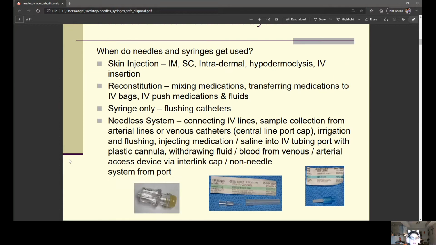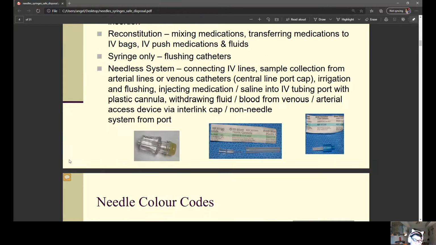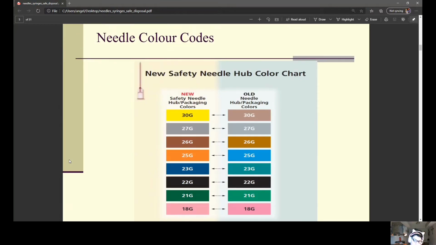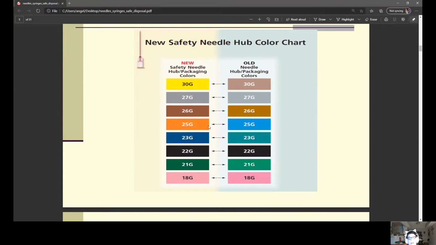This is more for IV and IV medication pushes, so I'm going to skip that part. This part here is explaining that a lot of times they're color coded. Fortunately, as an MA, we usually have the time to take a few seconds to check. But in an emergency situation, especially when I was a paramedic, every color was vital.